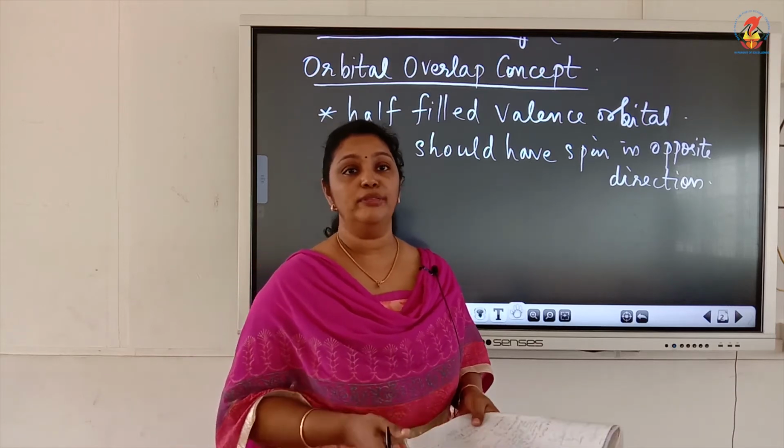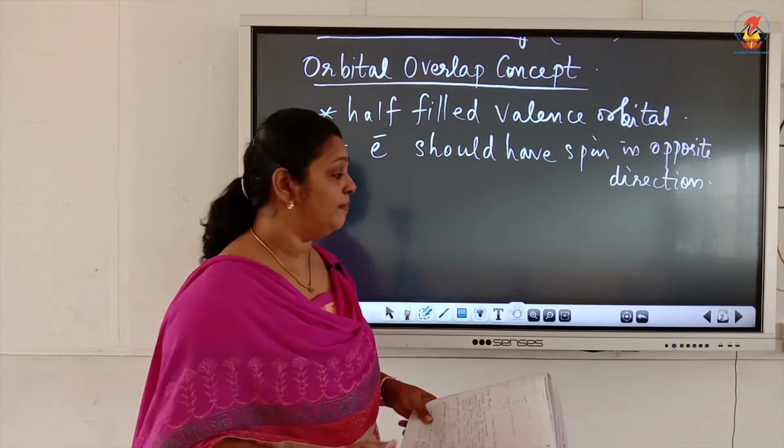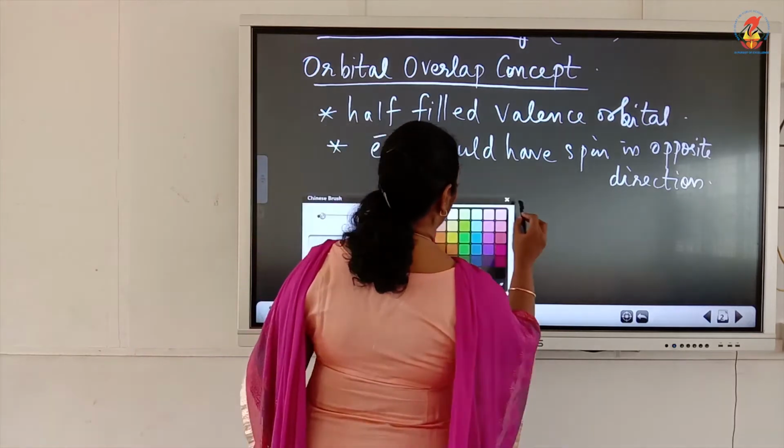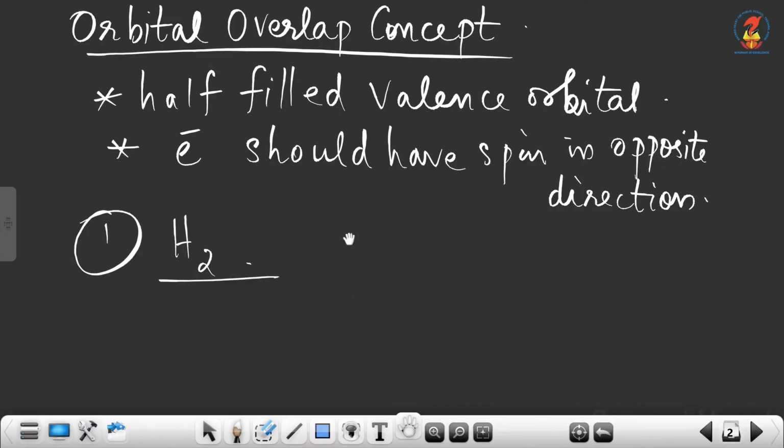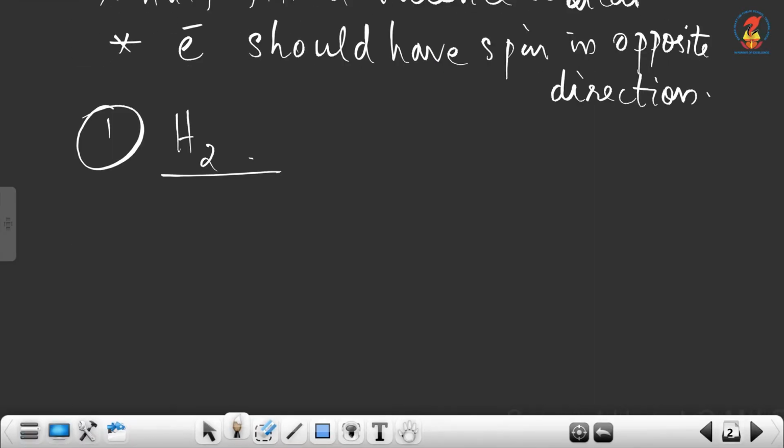Let's see an example for this concept. First, let's see the example of hydrogen molecule. Formation of H2 molecule. Hydrogen molecule means we have two hydrogen atoms, and you know the electronic configuration of hydrogen is 1s1.